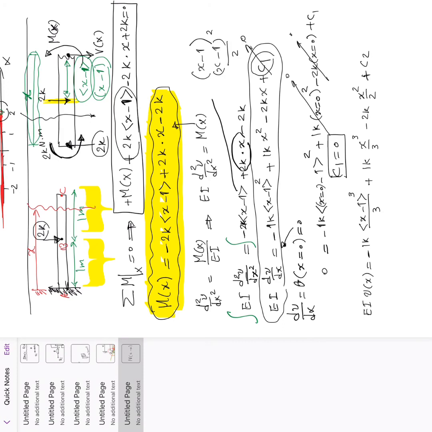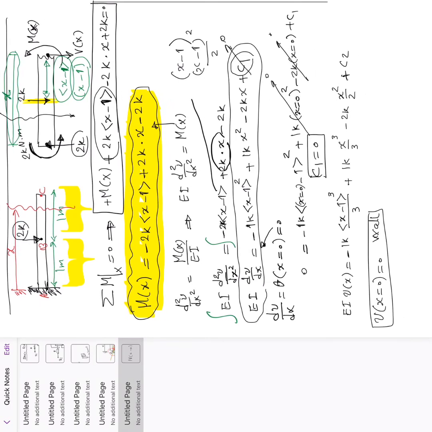Now, what do I get for c2? Well, you have this second boundary condition: v, the deflection at x equals 0, is equal to 0 because it's a wall condition. So if you put 0 right here, you see EI v of x is equal to negative 1k x minus 1 to the 3 over 3 plus 1k x cubed over 3 minus 2k x squared over 2 plus c1 times x, but c1 was 0.